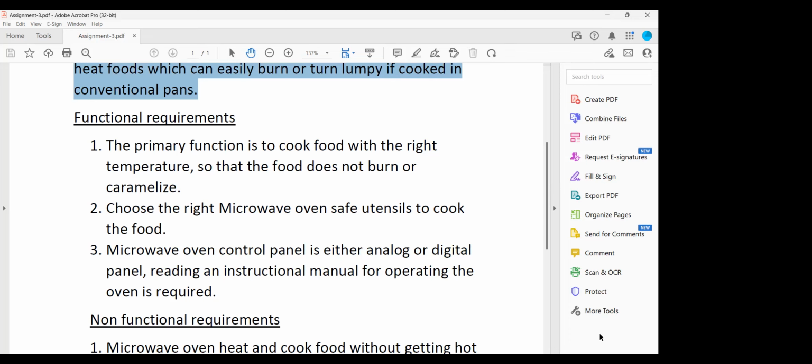The size, okay. What else? Correct utensils for cooking. That is not a functional requirement, we just discussed.